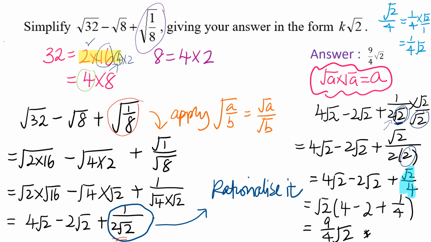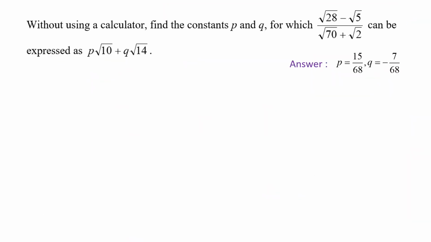Right, because 1 times square root 2 will give you square root 2, then 4 times 1 gives you 4. So square root 2 over 1 is just square root 2. So square root 2 over 4 basically is just 1/4 times square root 2. Okay, right.